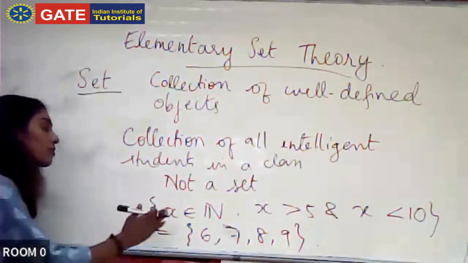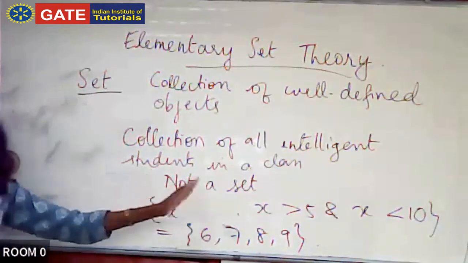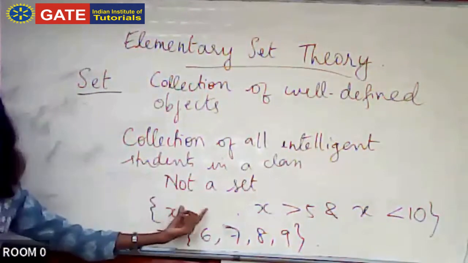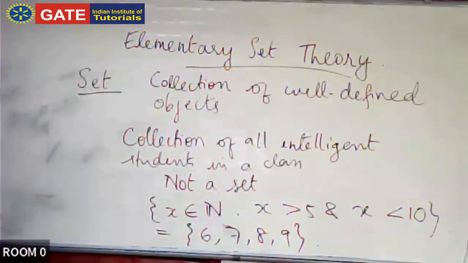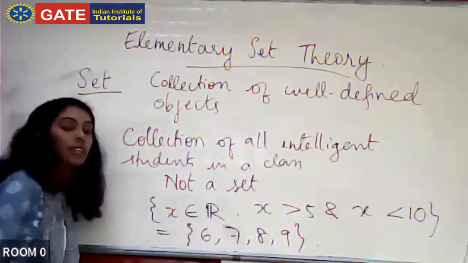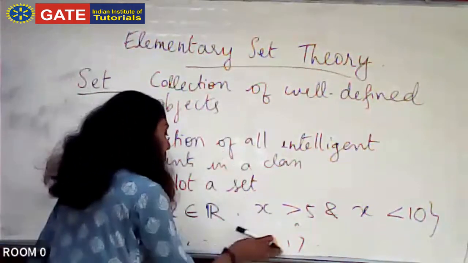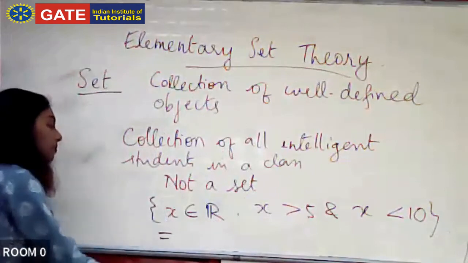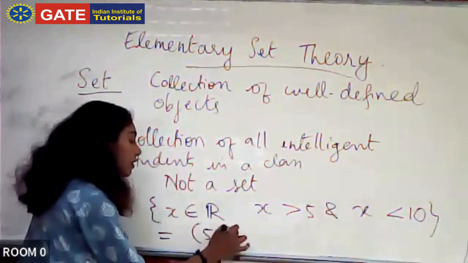But suppose I didn't define here where x is coming from, then it is not a well-defined collection. So I should define it properly, then only I can call it a set. Because if instead of N, I write R here, x belongs to R, x is greater than 5 and x is less than 10, then it is going to be the interval 5 to 10.